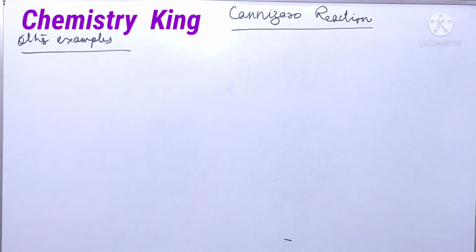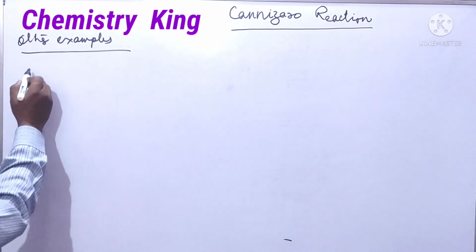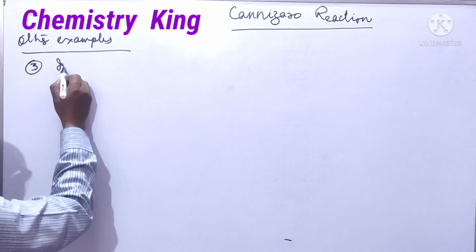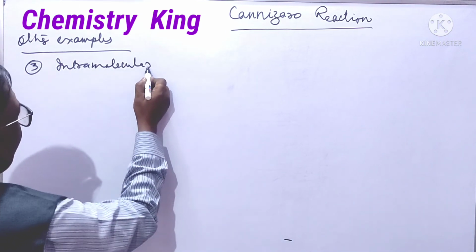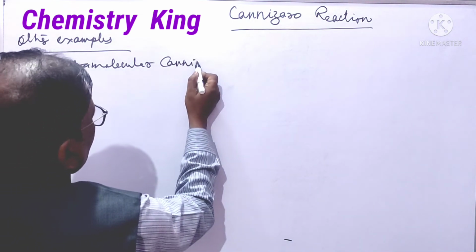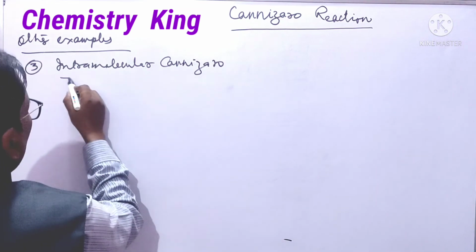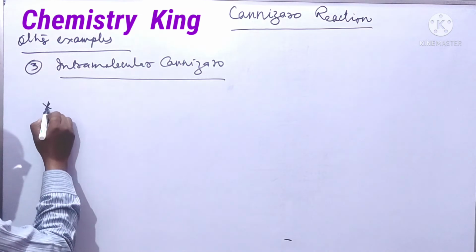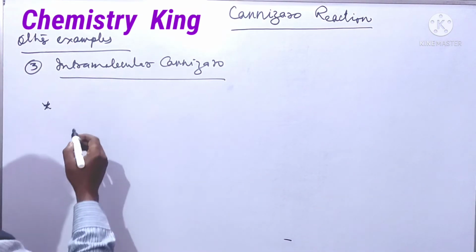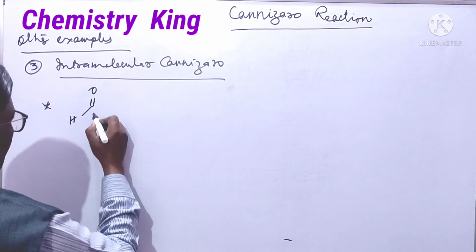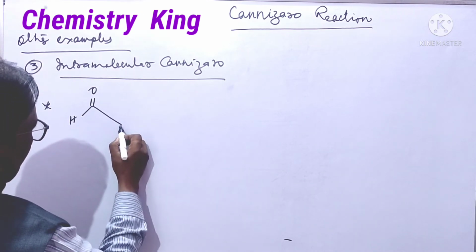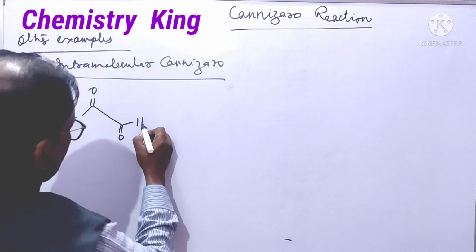Third example, we will see intramolecular Cannizaro. Intramolecular Cannizaro. Here, let us see H double bond O. It is aldehyde group. It is also aldehyde group.